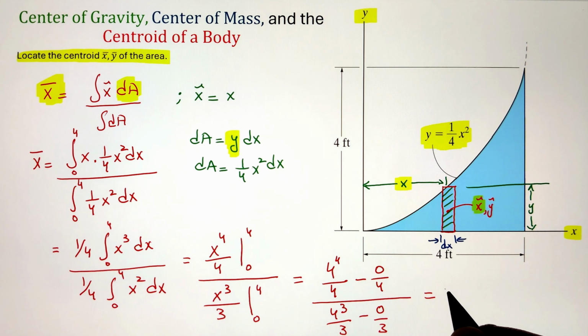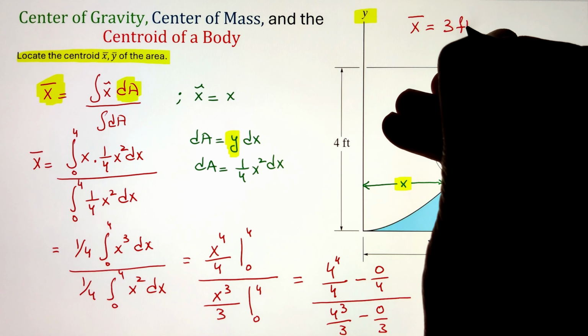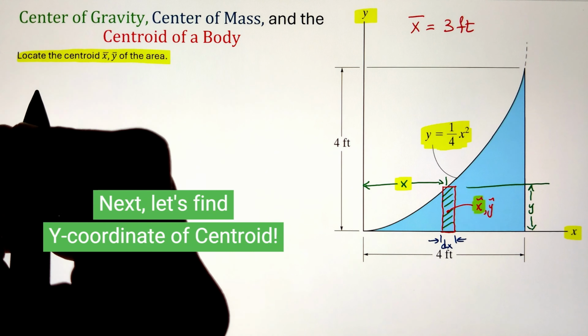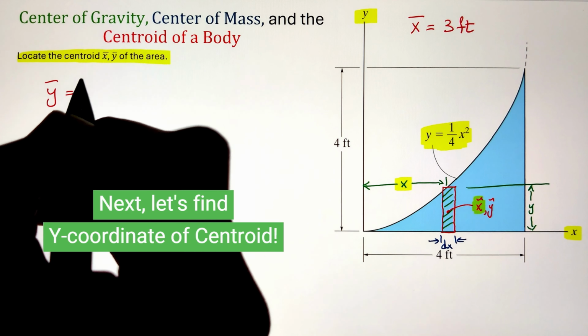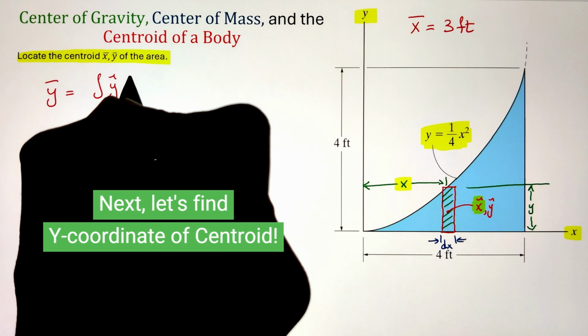Now, once we have identified the x coordinate of the centroid of the area, let's move to the y coordinate. So again, we will be repeating the same process, and this time our formula for y bar is represented as integral y prime dA divided by integral dA again.